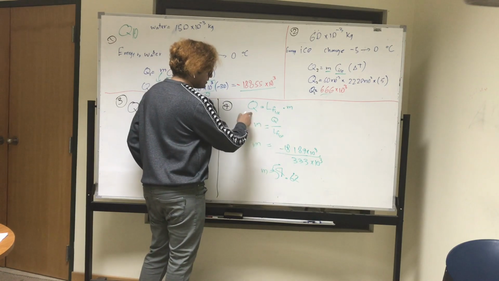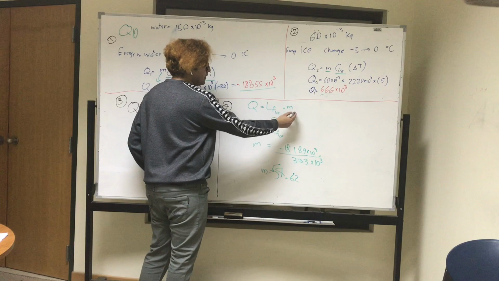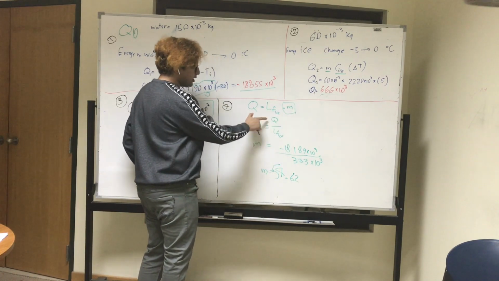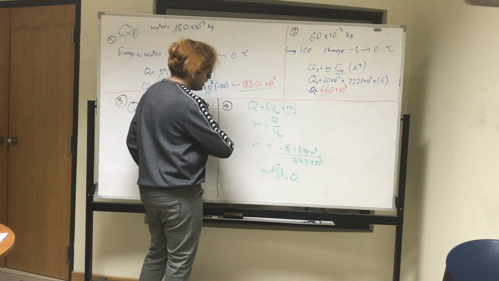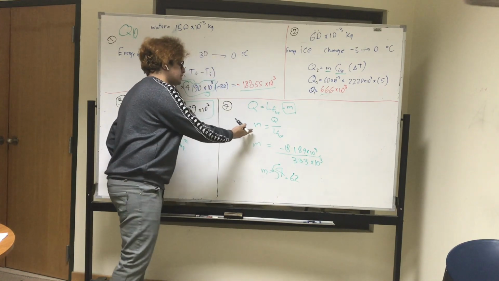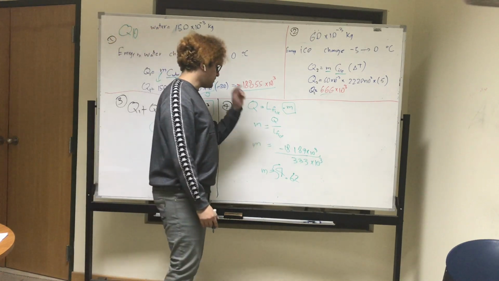So if you divide this equation by the latent heat of fusion and isolate the mass, and you're given a specific amount of joules here, then we can figure out the number of kilograms that can be melted by this amount of energy.